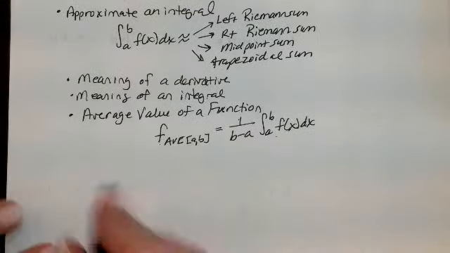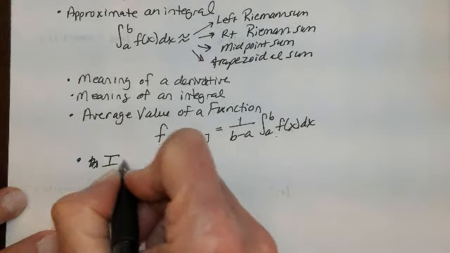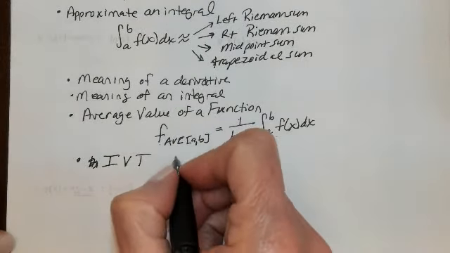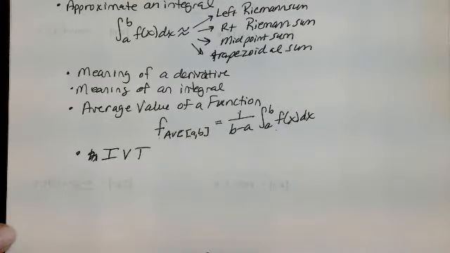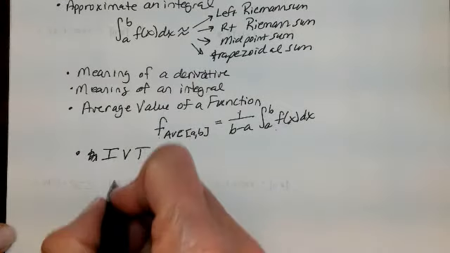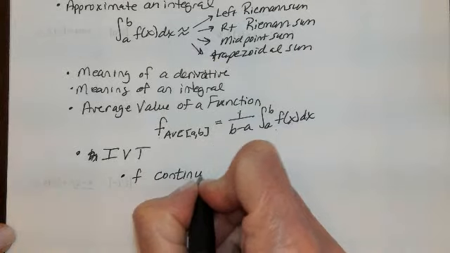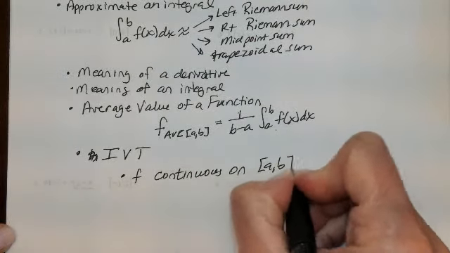Okay? Another thing that you might need to know is the intermediate value theorem. For the intermediate value theorem, the function has to be continuous. So f has to be continuous on the closed interval that you're dealing with.